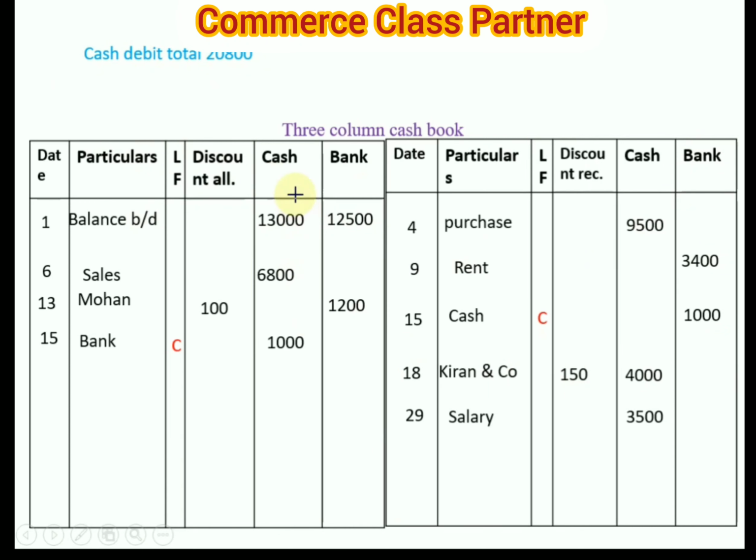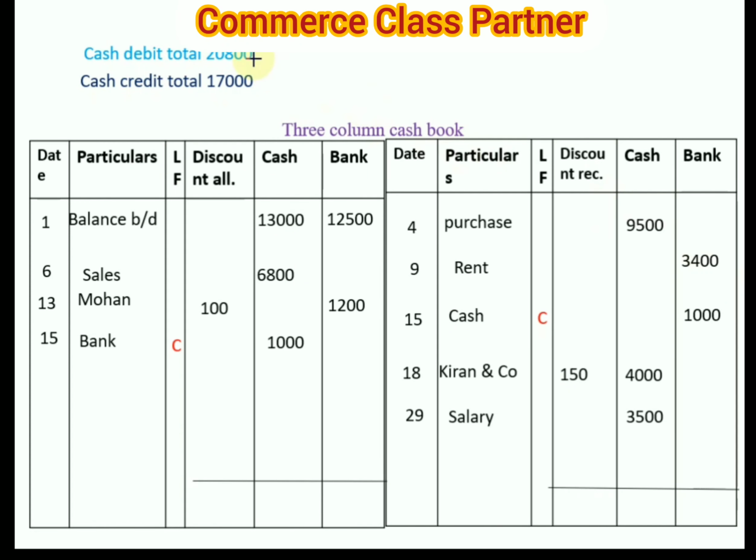Take the cash debit total, add these items. We will get 20,800. Then add the credit total. The credit total we got is 17,000. We know that the larger amount is 20,800. When we are balancing an account, the larger amount should be written on both the debit and credit side.